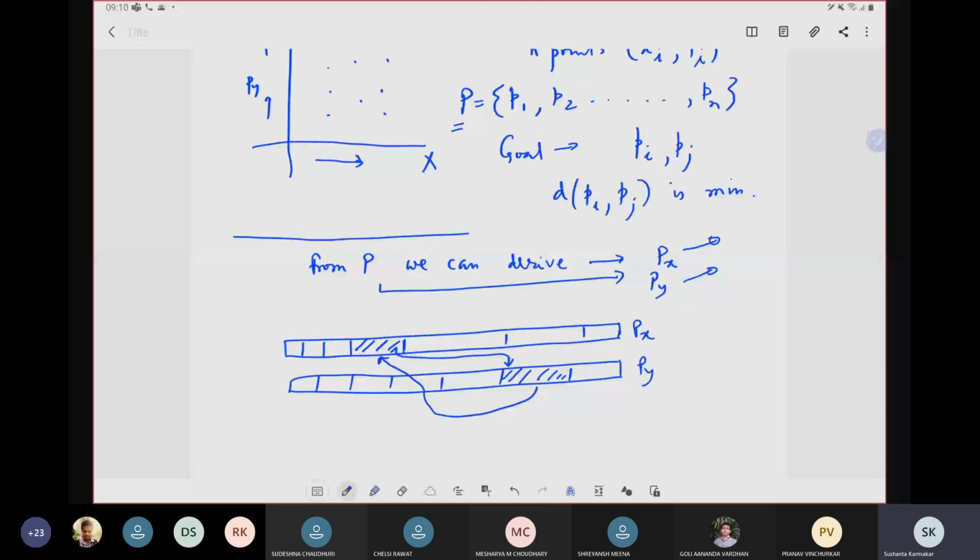So how to do that? Probably we can do that in linear time, not more than that.